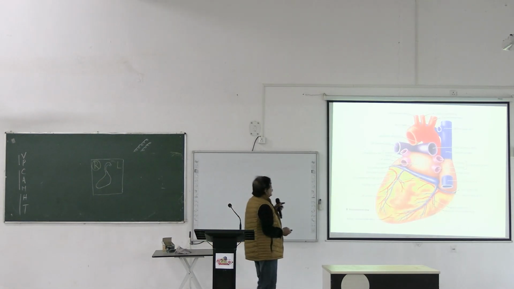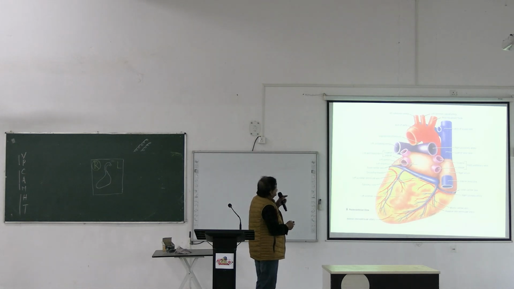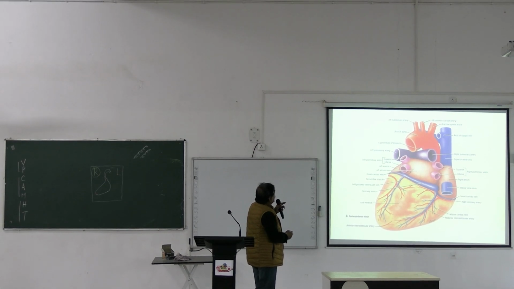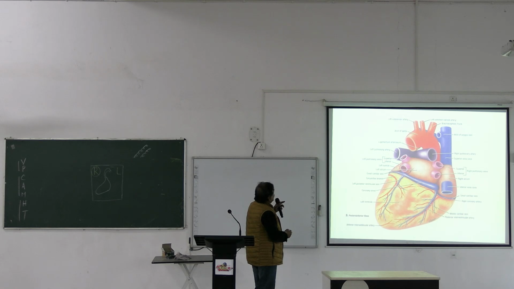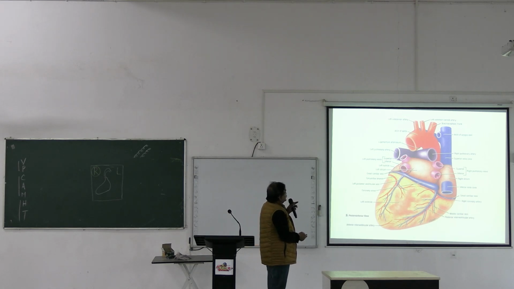Okay. Now, in the posterior aspect, you can see the left subclavian artery, the left common carotid and brachiocephalic trunk, the arch of the aorta, arch of the azygos vein, and ligamentum arteriosum. This is the right pulmonary artery, this is the left pulmonary artery, the superior and inferior left pulmonary veins, superior and inferior right pulmonary veins.